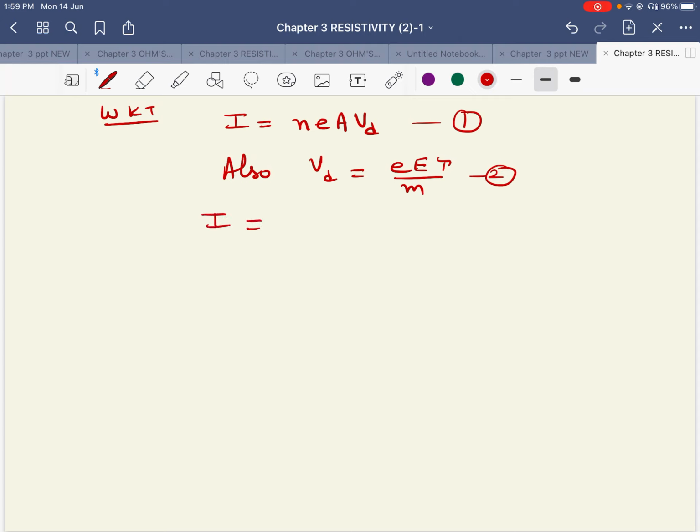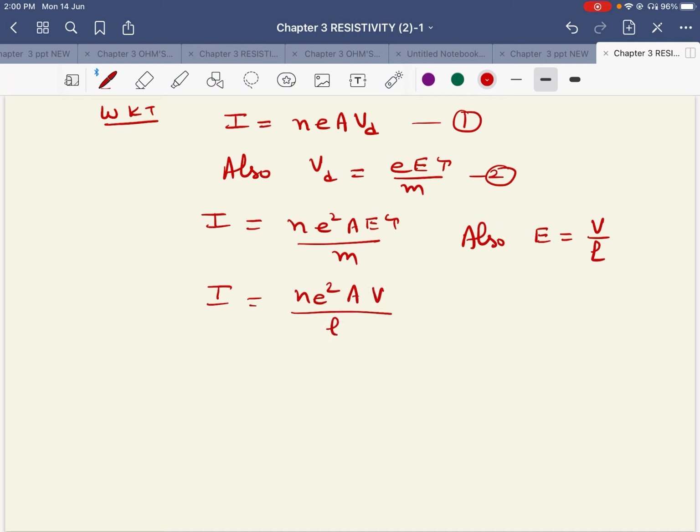We will get I is equal to Ne²AEτ divided by m. Also we know that electric field is equal to potential upon length. Put this value of electric field: I is equal to Ne²AVτ upon Lm.